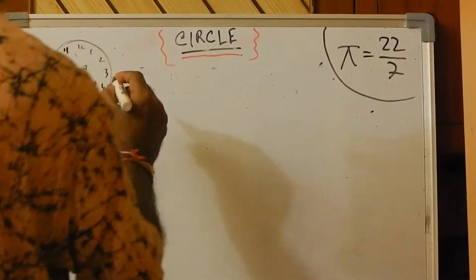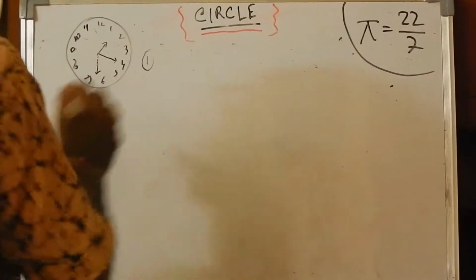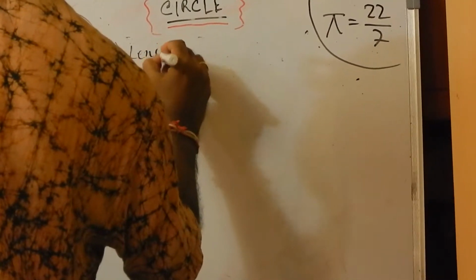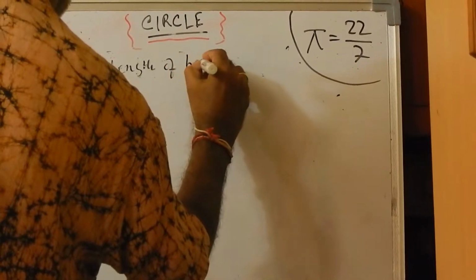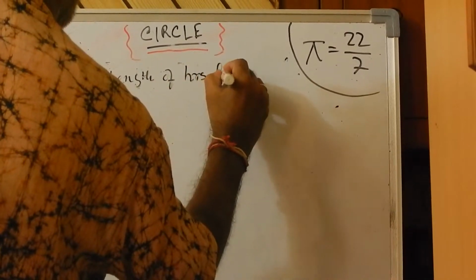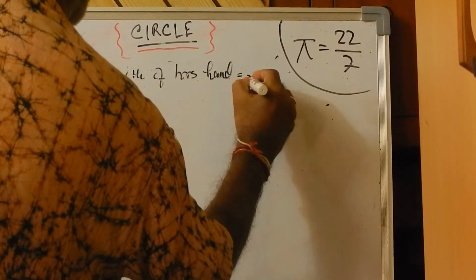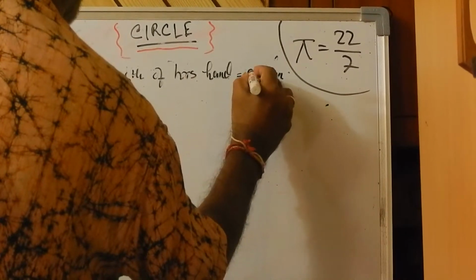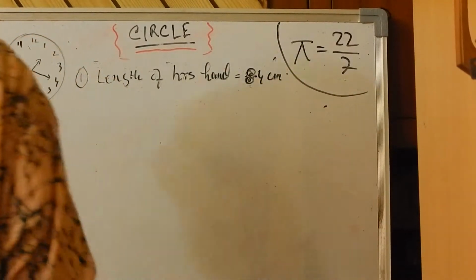So here is a sum. The length of our hand equal to 8.4 centimeter.